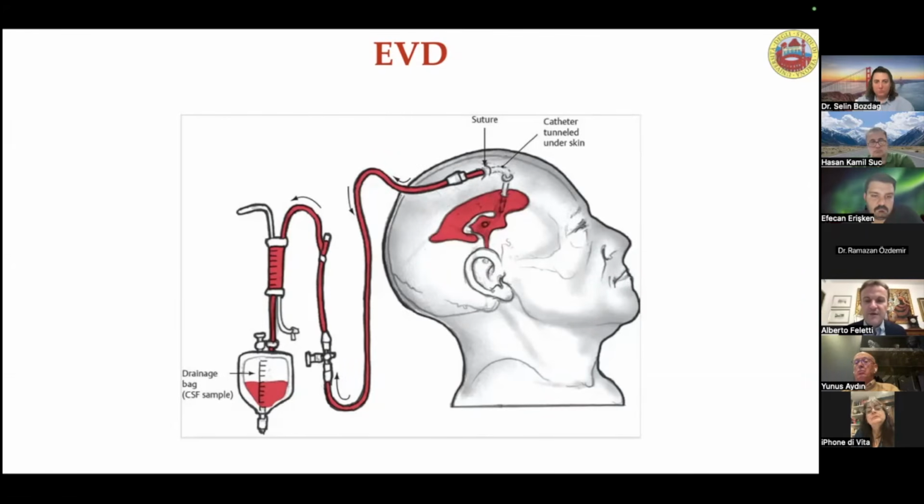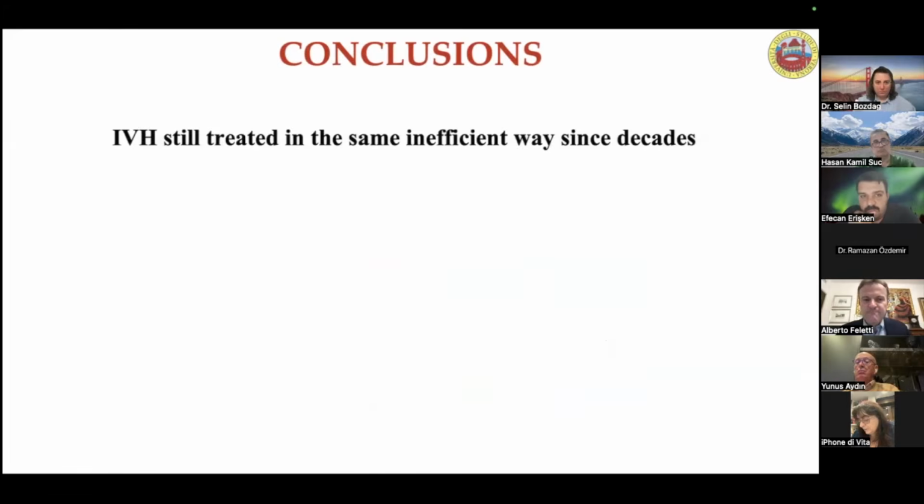I leave an EVD, which is usually open but very high. And I ask my colleagues in the ICU to wake up the patient as soon as possible. So usually I'm able to close and remove the EVD in a couple of days, 2 or 3 days after a neuroendoscopic removal of blood.